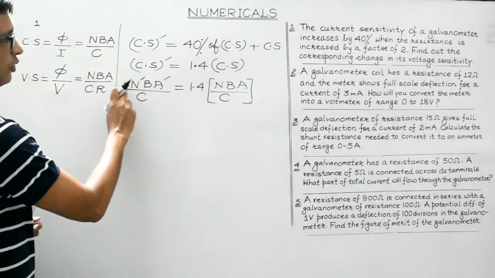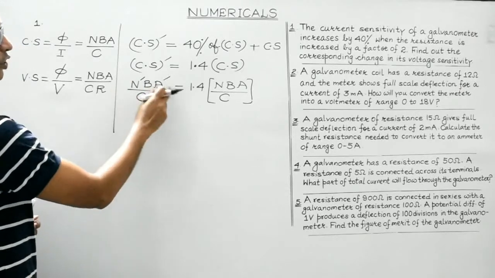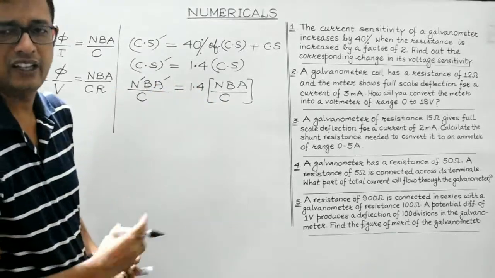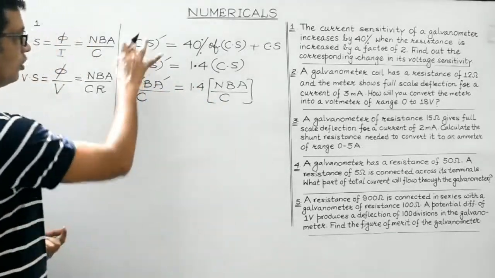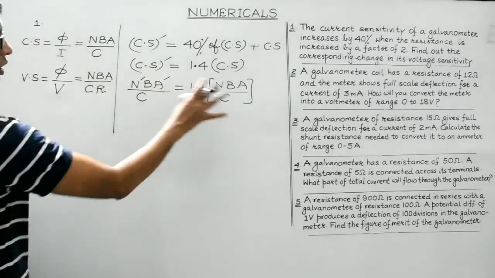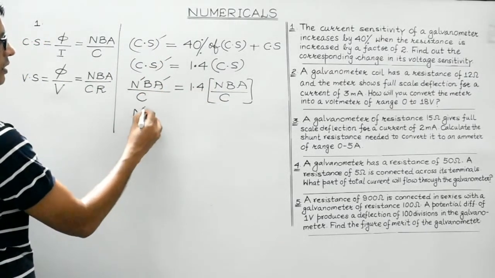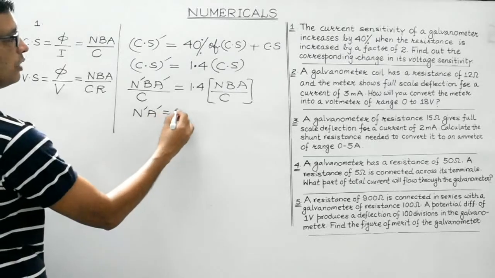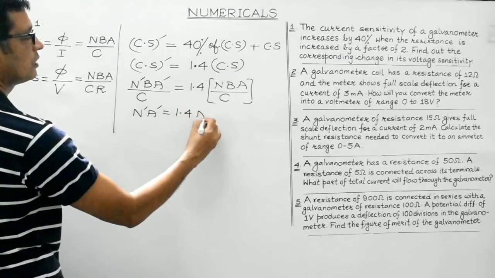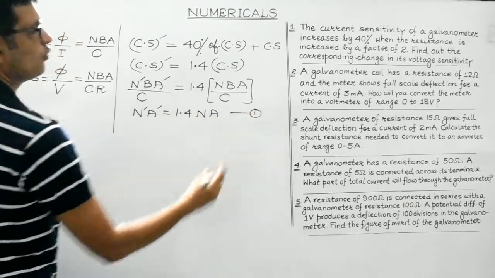So anyway, N dash A dash is the new value of number of turns and new area, let's assume it, right, for the new current sensitivity. So after solving it, what you get is N dash A dash will be equal to 1.4 times NA. Put this as equation 1.